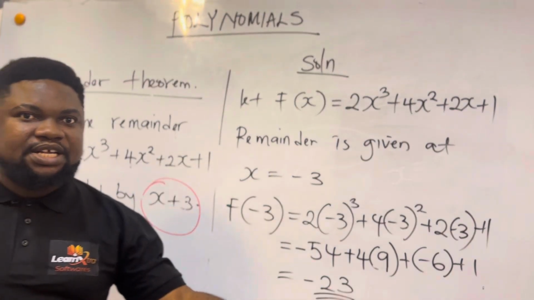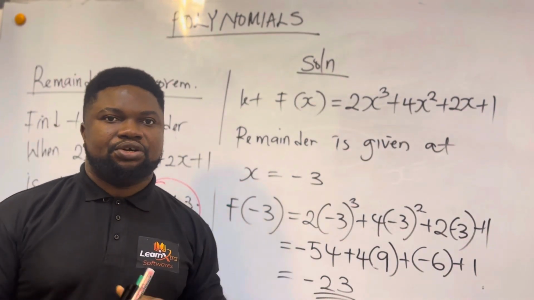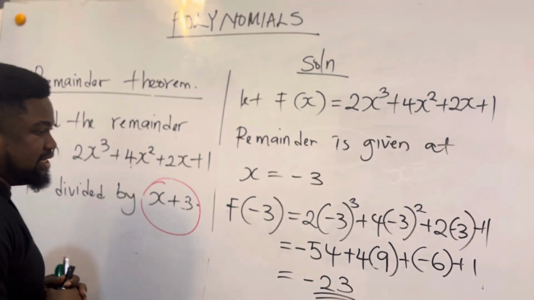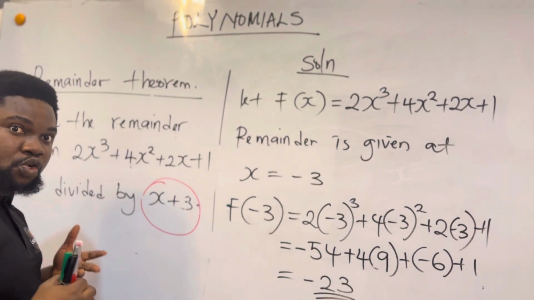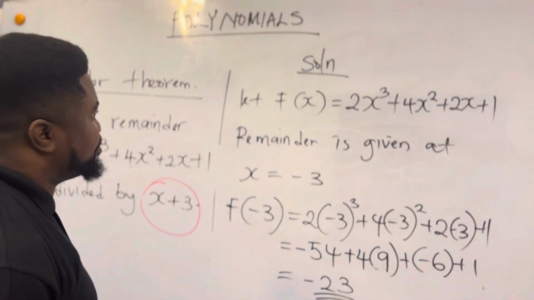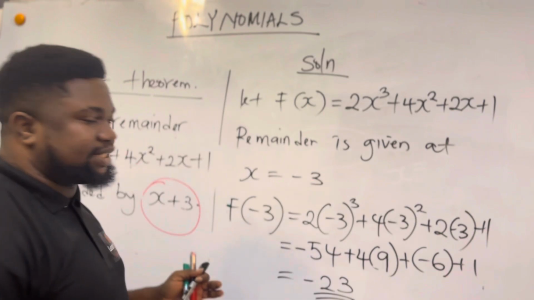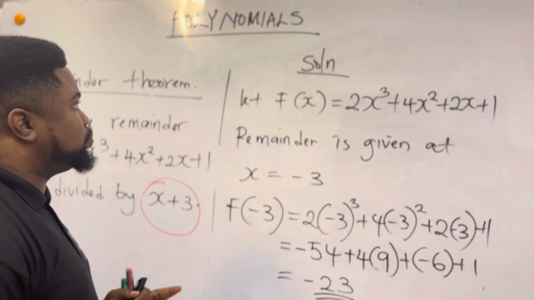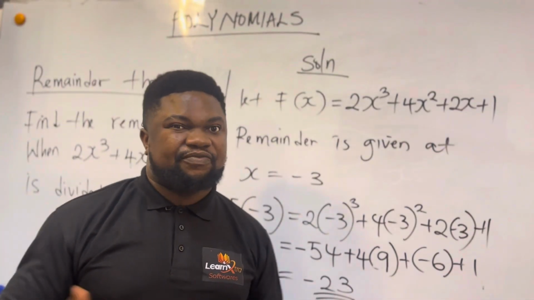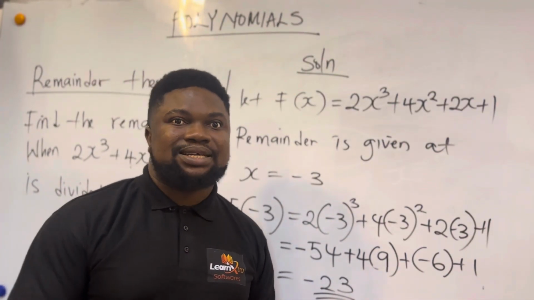What you obtain is the remainder, and that's the theorem we're talking about. So briefly, I can just give you a theorem to summarize this class. When next we meet, we'll still refer to it. We'll talk more on this when we discuss the factor theorem in our next class.